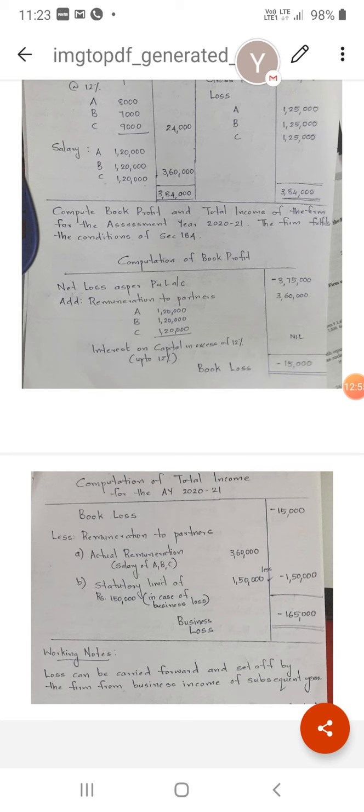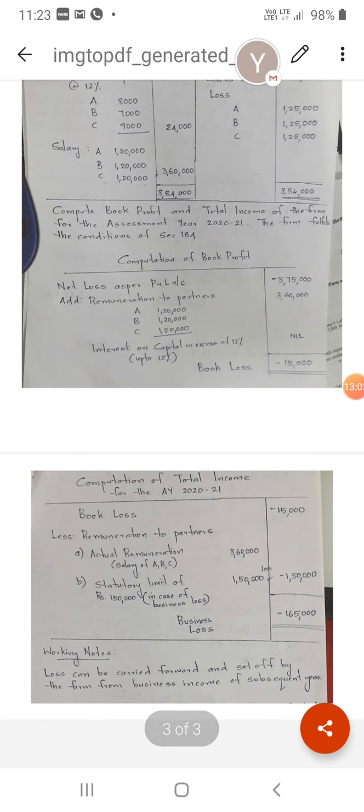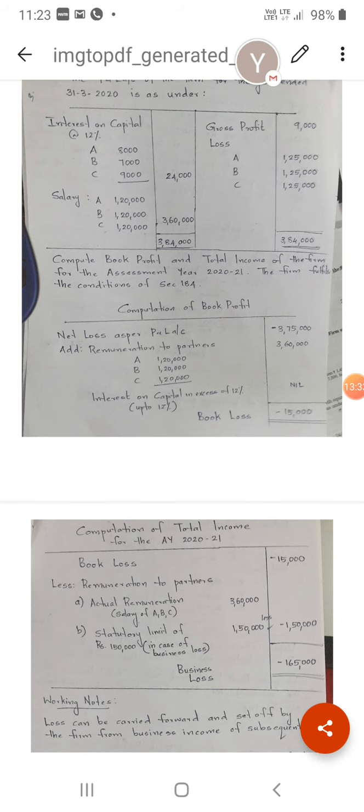So actual remuneration is already there, and the statutory limit 1,50,000 you can immediately write. Whichever is less is the remuneration payable to the partners, which can be deducted. This question does not mention any other source of income or capital gains. Whatever item we are getting is income from business, and that itself is the total income.